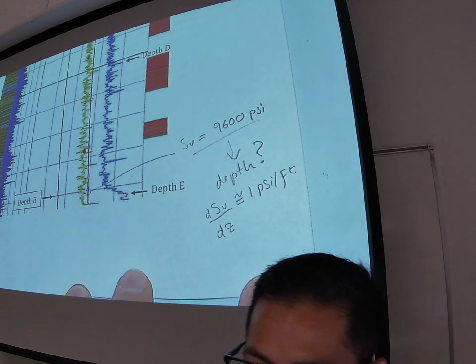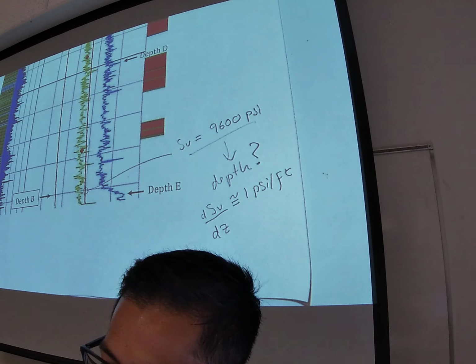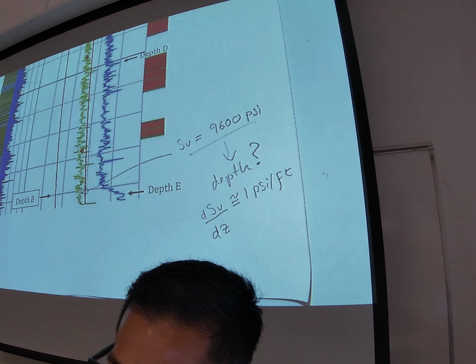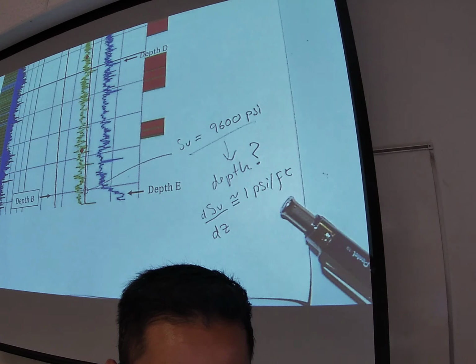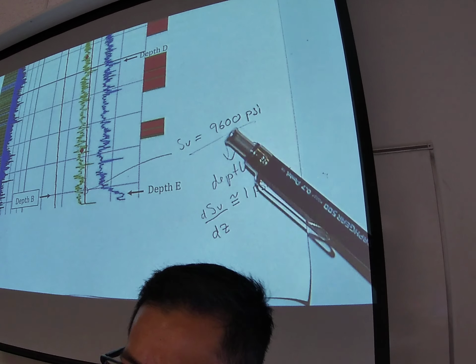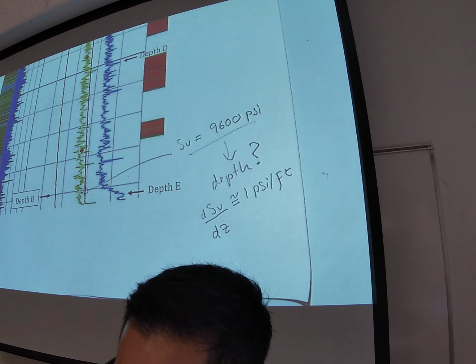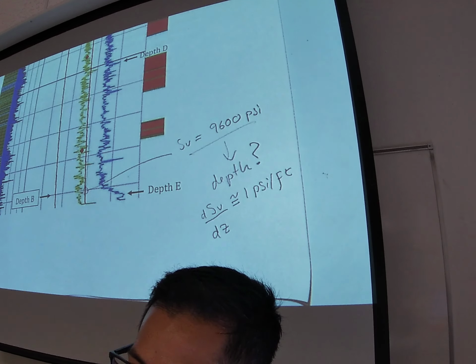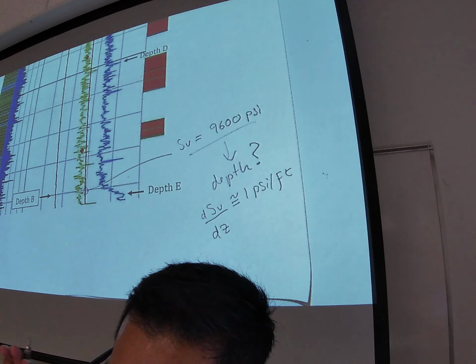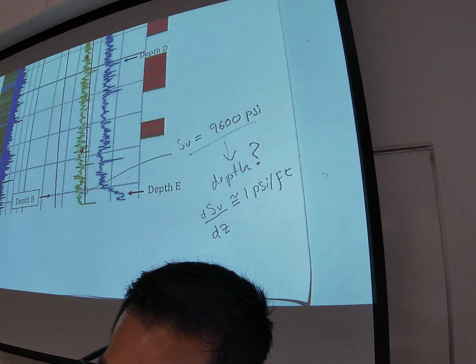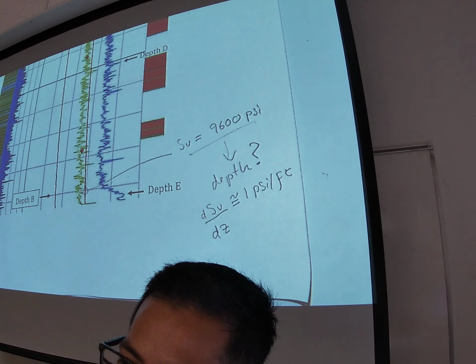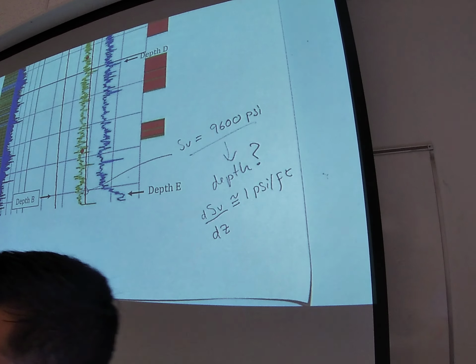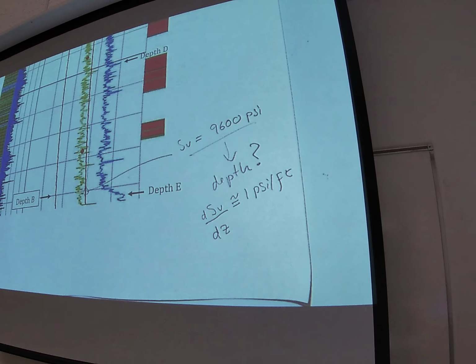So we know that if the place is at 9,600 psi of vertical stress, the depth is very likely around 9,000 to 10,000 feet. How many kilometers is that? Guys, I'm going to ask you to deal with psi and also with metric units, okay? 60 megapascal. Okay, but in terms of depth, 3,000.